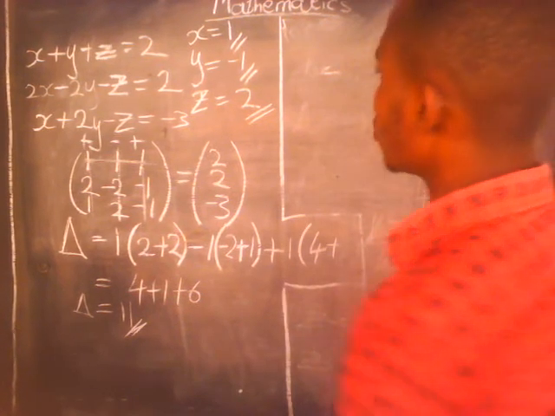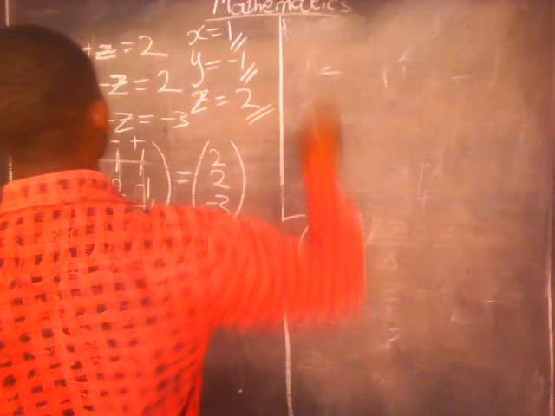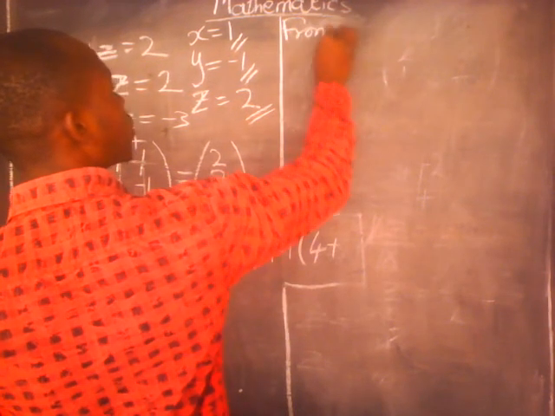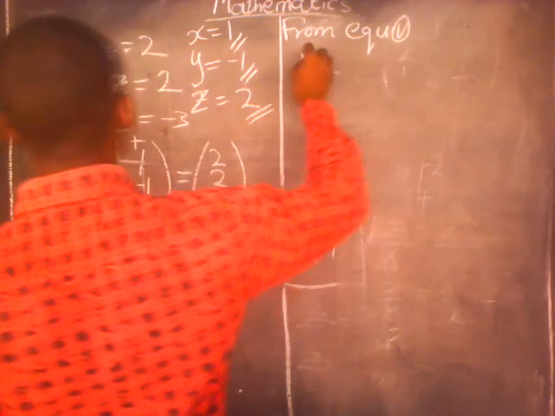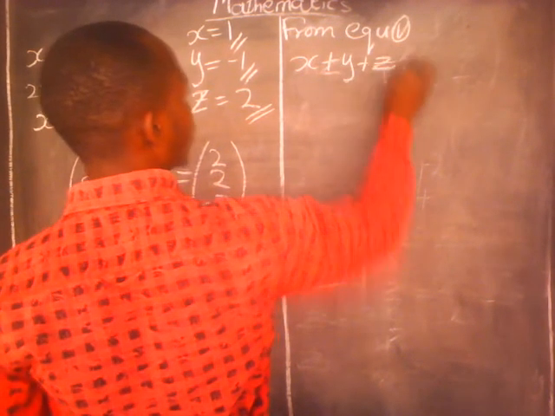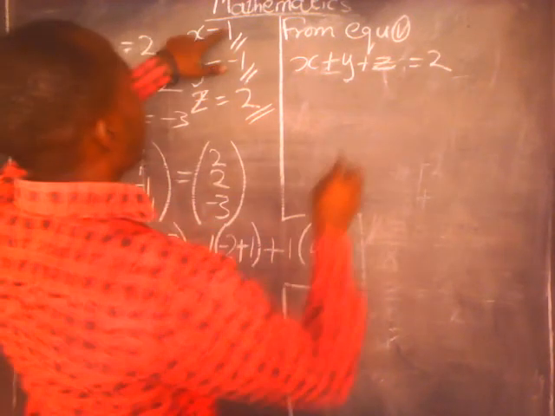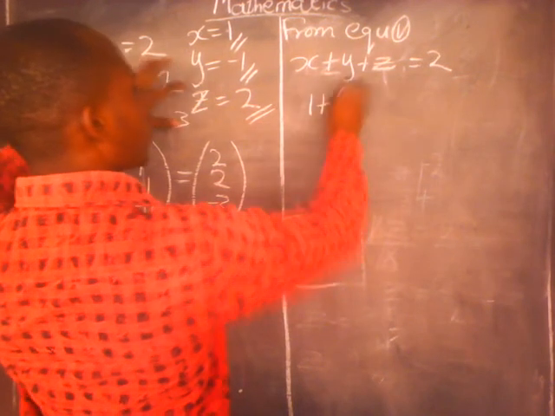So I will use equation 1, which is this, to check if my answers are correct. From equation 1, I want to check. So I'll be having that x plus y plus z should give me a result which is equal to 2. Okay, let's see. X is 1. Y is minus 1.